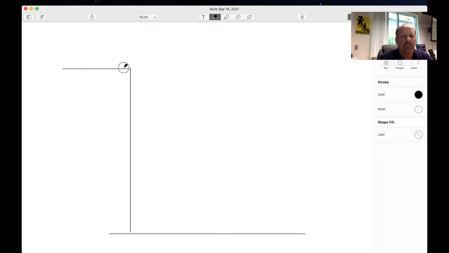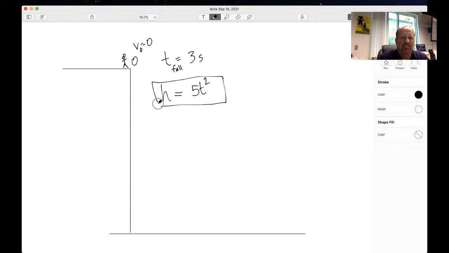So if we're up here and we throw something off the cliff and it falls for a time of fall equals 3 seconds, then the height is going to be equal to 5t squared, provided V initial is 0. So the height something falls is always 5t squared.